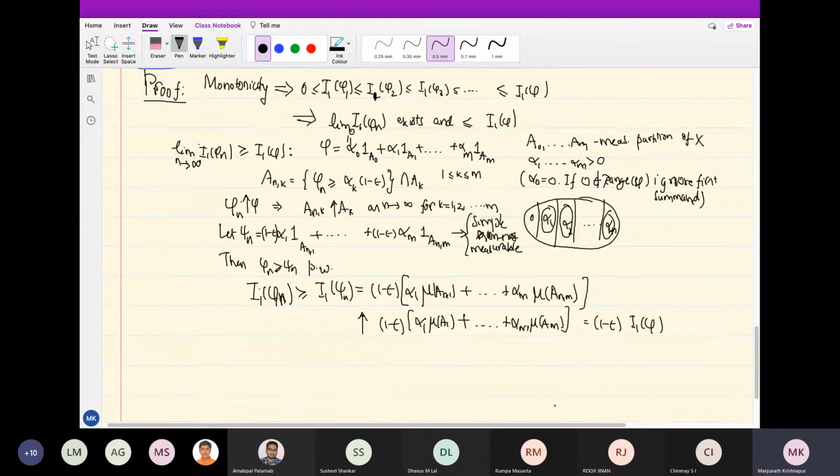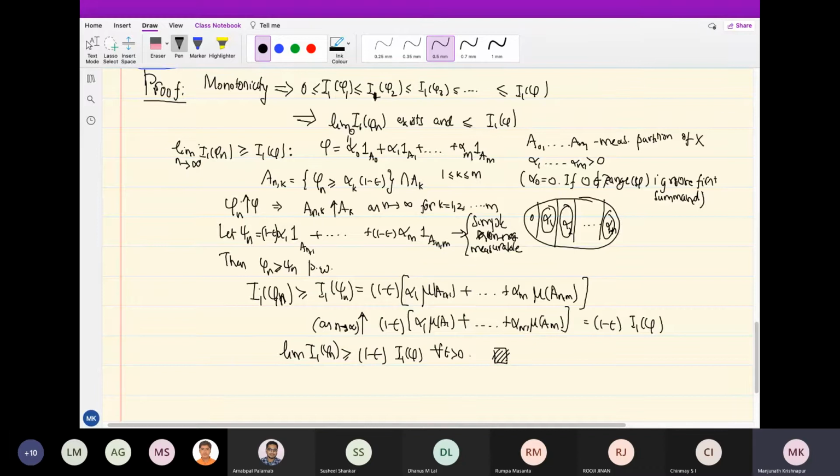So this is what we get, and this is true for all epsilon, as n goes to infinity. Hence, limit I1 of phi n is greater than or equal to 1 minus epsilon I1 of phi for all epsilon positive. So that finishes the proof.